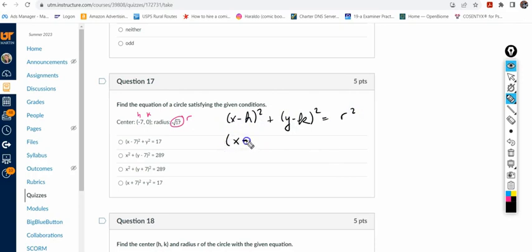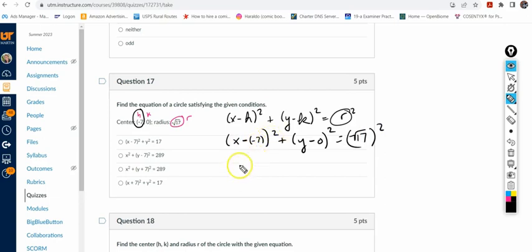So we're going to have x minus h, so h is negative 7 all squared, plus y minus k, and k is 0, is equal to r squared. Okay, so here we're going to have x plus 7 all squared.